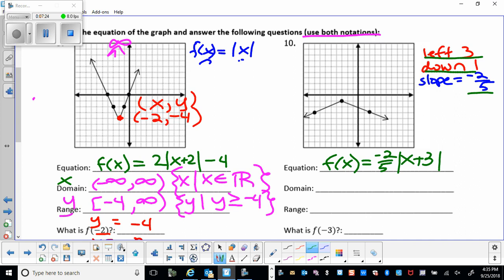And I went down 1, so I'm going to put minus 1. And that's my equation. All right, and then looking at the domain, that's the x's. Well, it goes forever to the left and forever to the right. All right, so that would be the set of all real numbers.